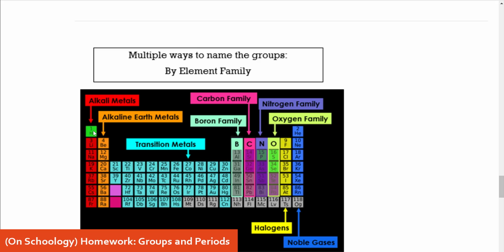Our first column, except for hydrogen, are the alkali metals. The elements that are in a column with boron are called the boron family. The next to the last column are called the halogens, and the last group is called the noble gases. So these would be the element family names.